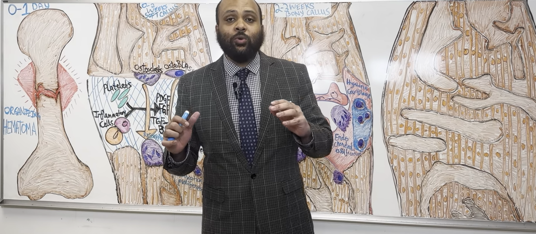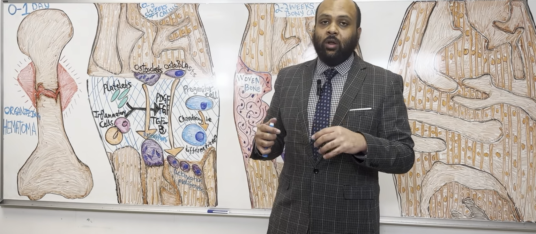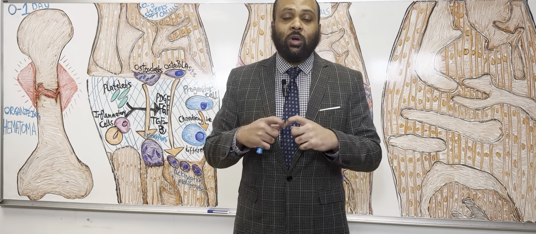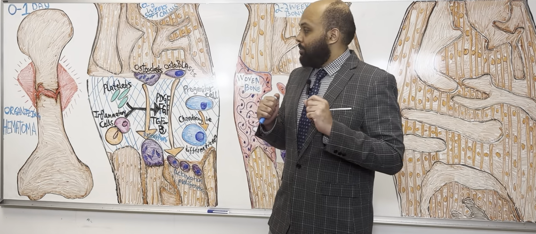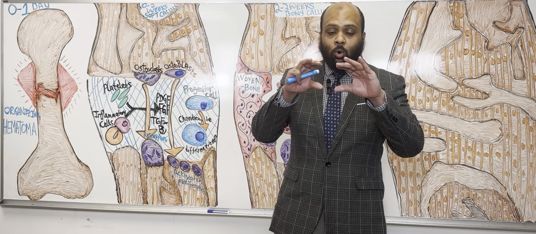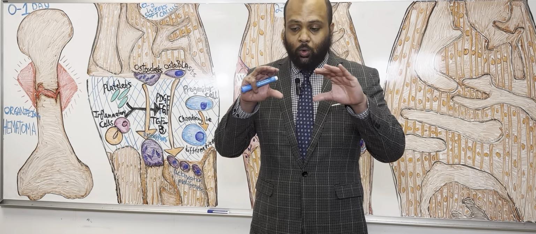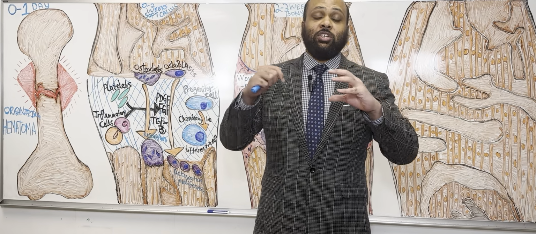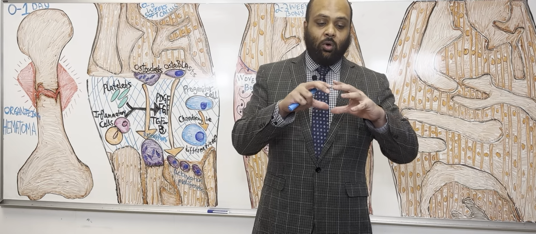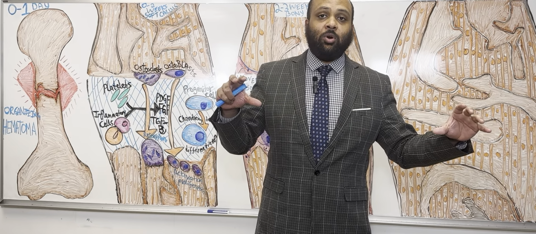Even though we do have joints where more than one bone articulate, we need to have one whole piece of bone that articulates with another one whole piece of bone.